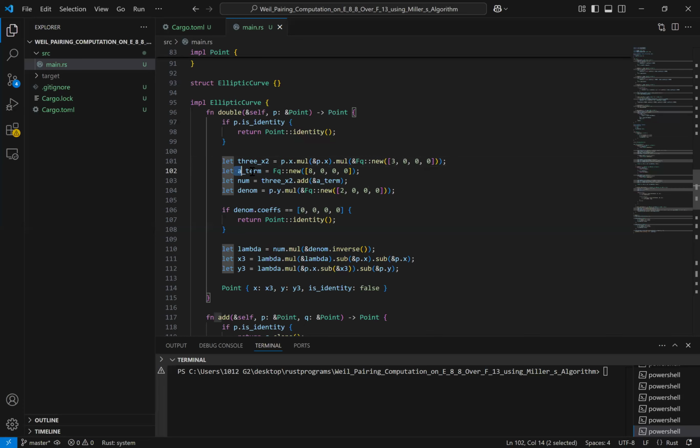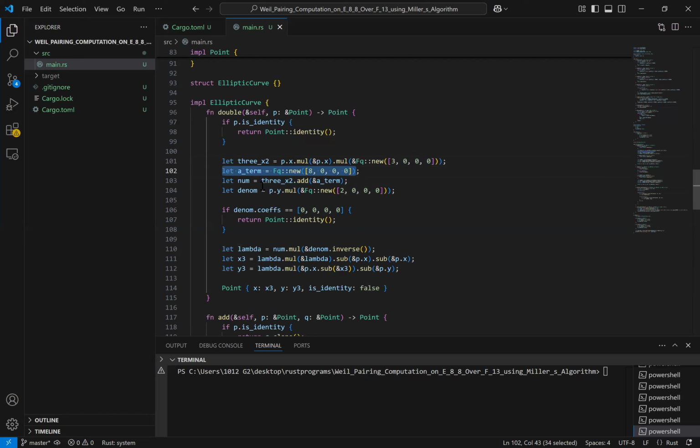Then add a. The term a is supposed to be 8 in our case. But here, it's supposed to be 8 plus 0t plus 0t squared plus 0t cubed. Then the numerator is 3x squared plus that constant a, which we've defined here.